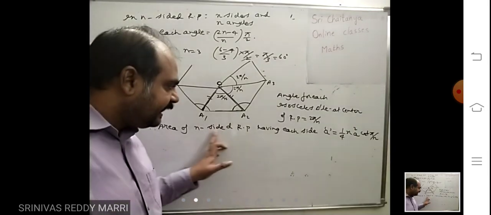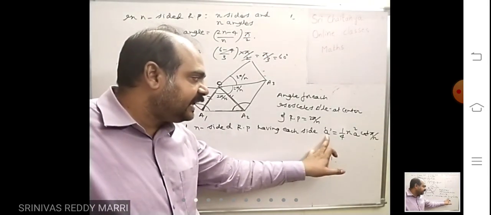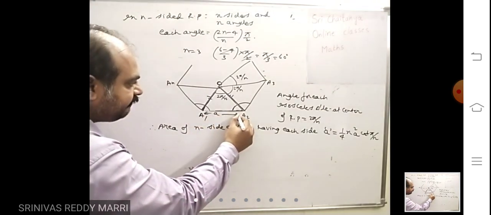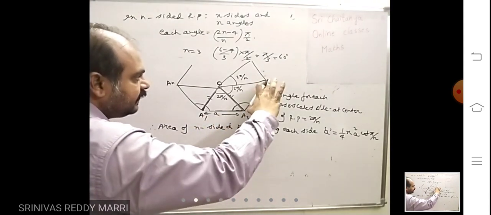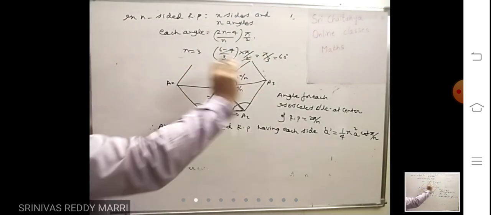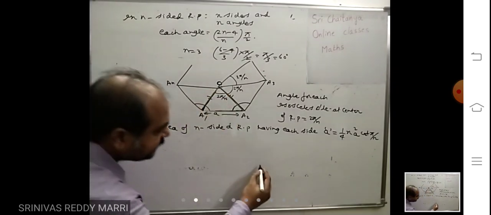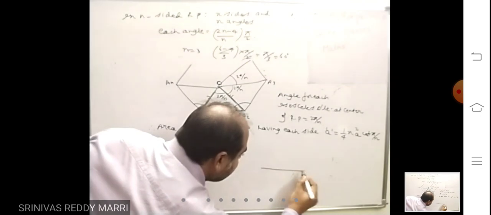Suppose an n-sided regular polygon is there, and each side length is a. That means this length is a. Every side will be of equal length, from a1 to a3 like that, all the sides will be equal. Look at here. How to get this formula? I am taking this triangle. I am drawing this triangle again.